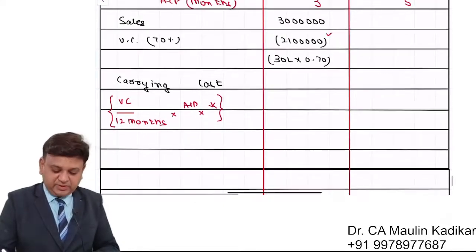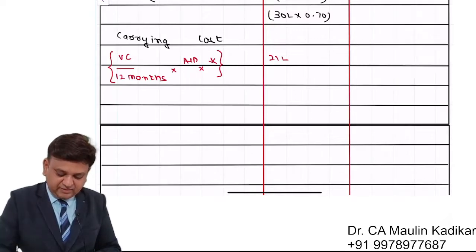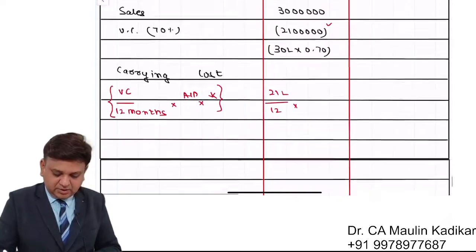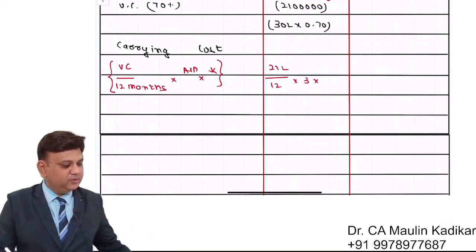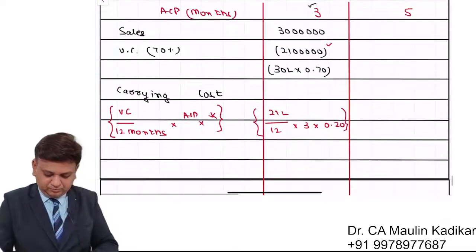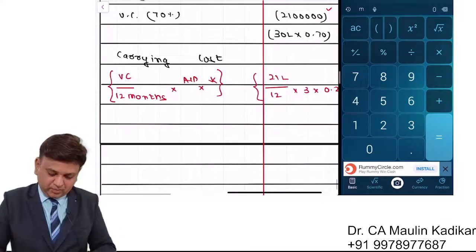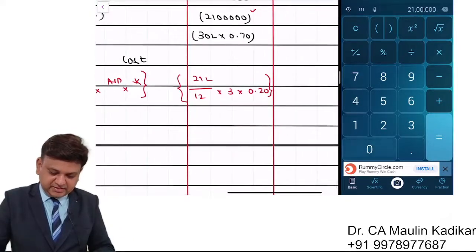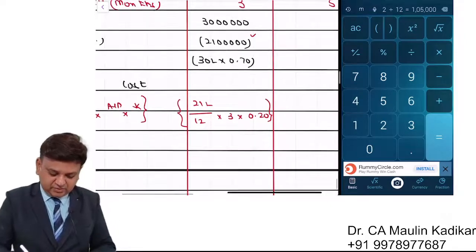So variable cost is 21 lakhs divided by 12 months into the collection period, which is 3 months, and cost of capital is provided to us as 20%. So it is 21 lakhs into 3 into 0.2 divided by 12. It is 1,05,000.